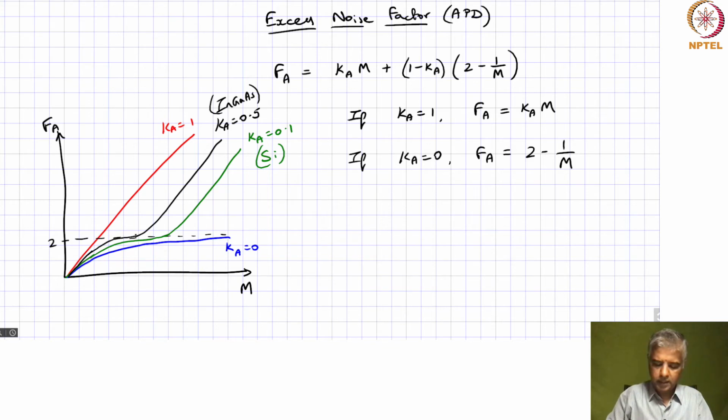So here the optimum value may be something around here, which is in the order of 10, whereas here this is in the order of 100.